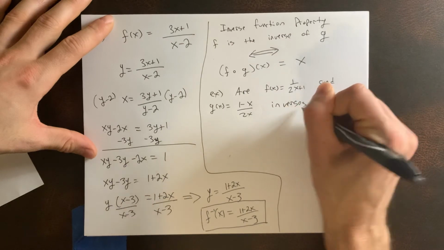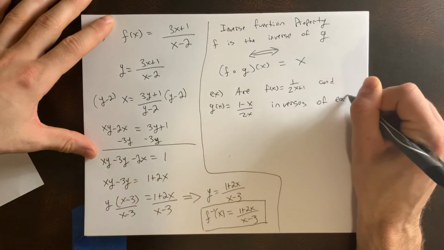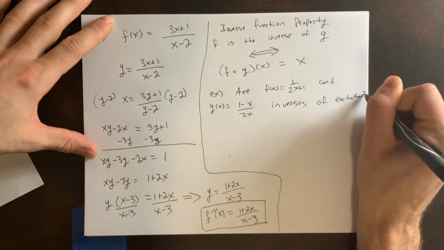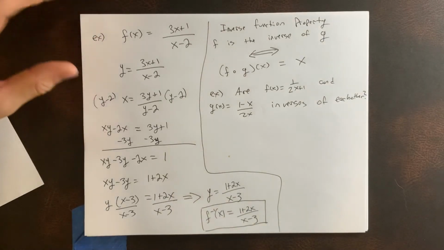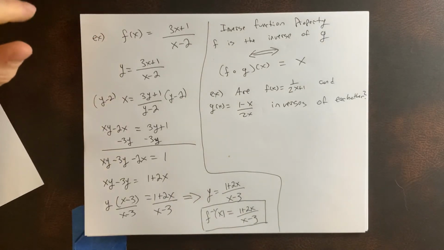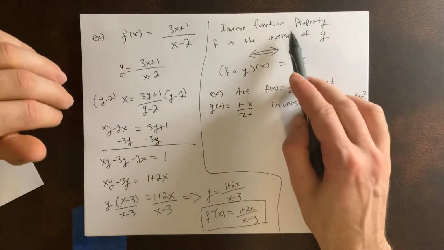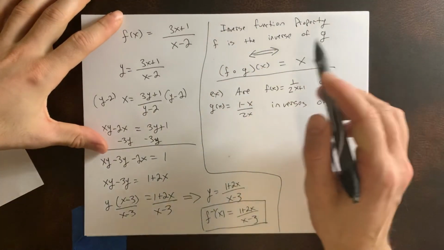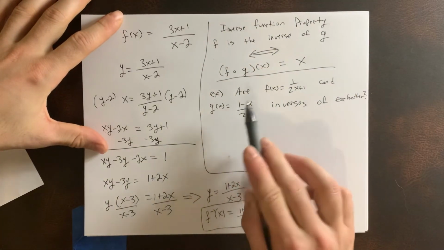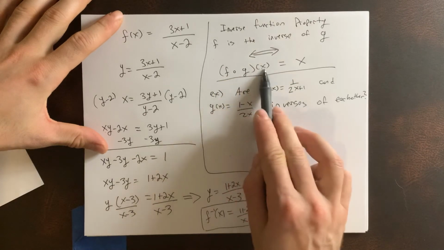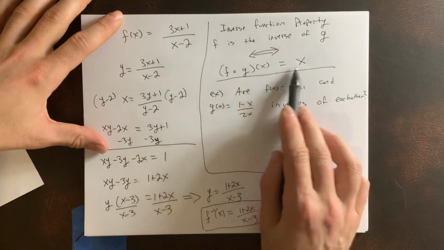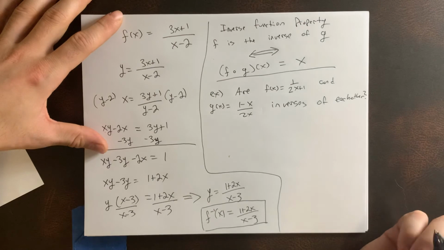Are these inverses of each other? Okay, so we want to use the inverse function property to solve this. So are these two things inverse of each other? Well, this is just telling us, let's find f composed with g of x. And if it equals x, then that means they are inverses of each other.